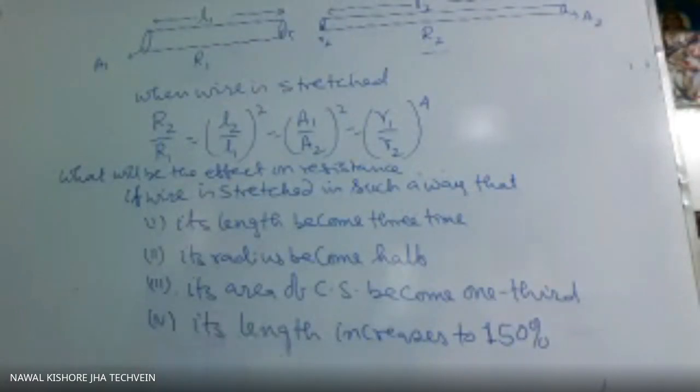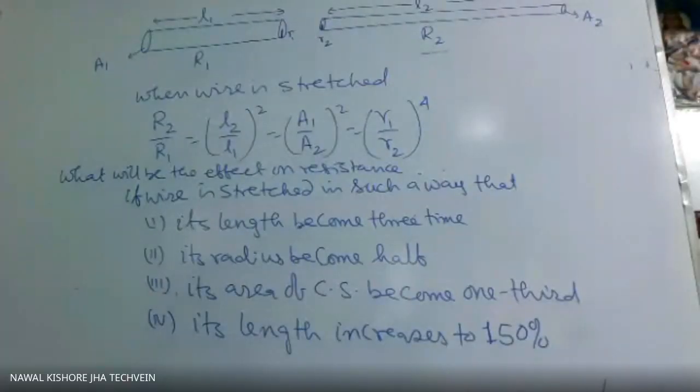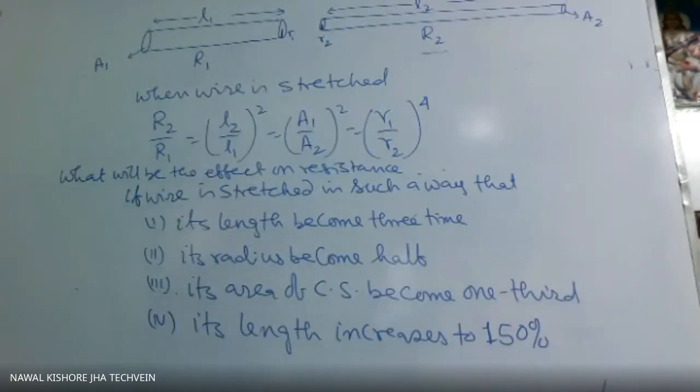Fourth one, 4 times? No, 4 times will not be there. 4 by 9 is also wrong. 2.25 times is the correct answer. Okay. So you understood.